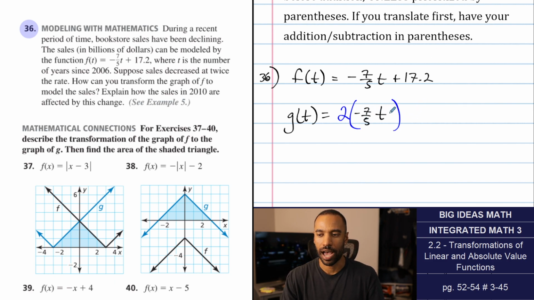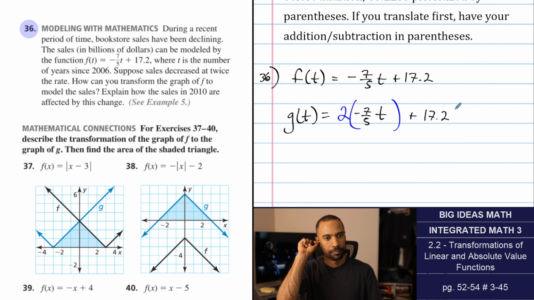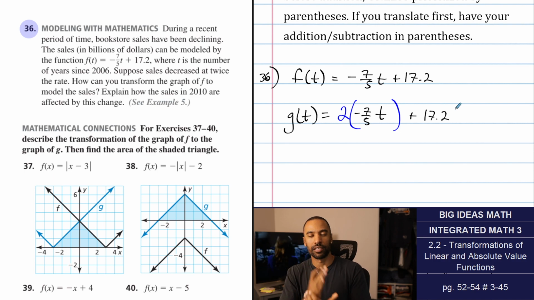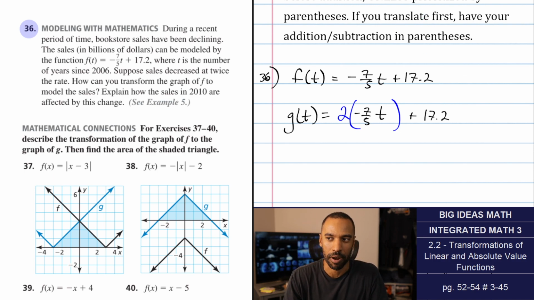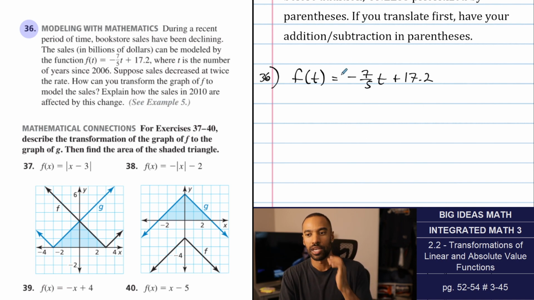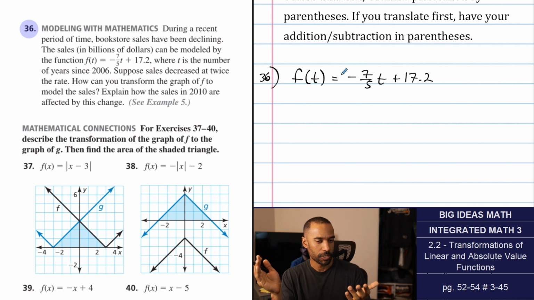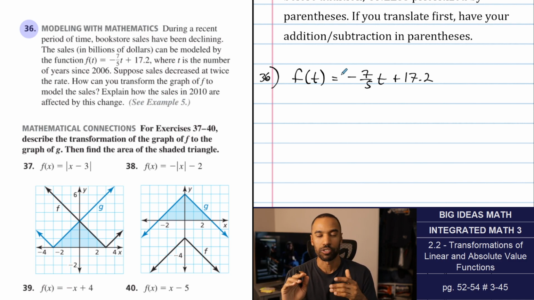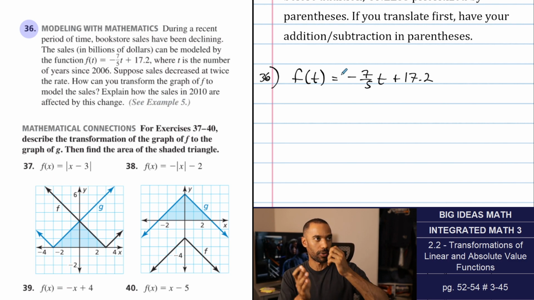I feel like we're not doing anything to the 17.2. Okay, here's what they probably want. This can speak more to reason why horizontal compressions might matter. Because if you're thinking about vertical stretch, I get, sales decrease at twice the rate, so they're decreasing more sharply.